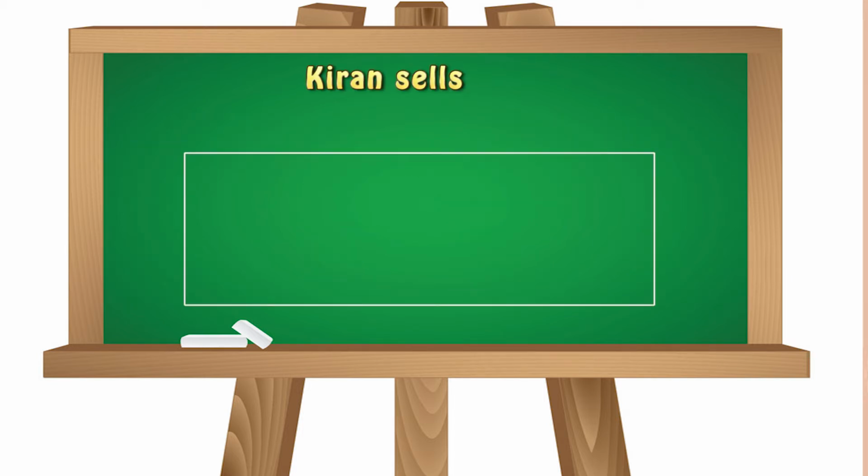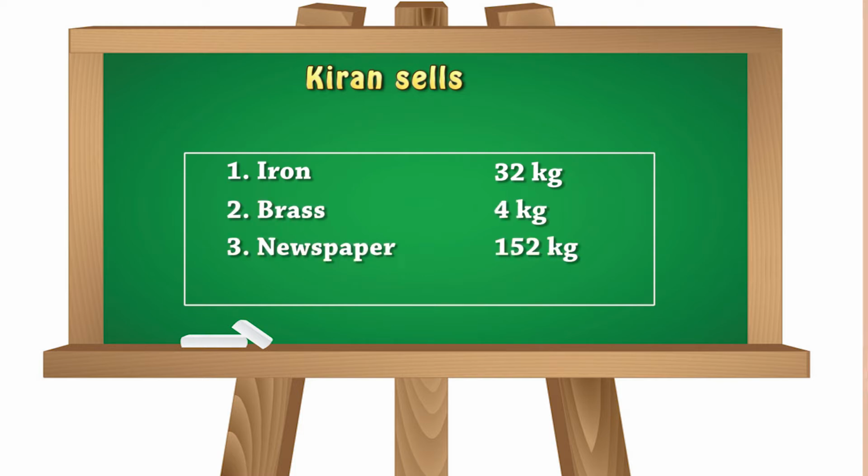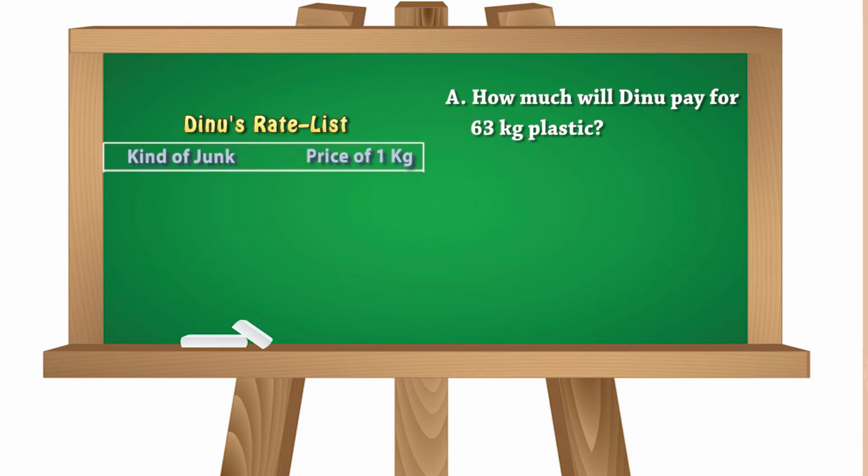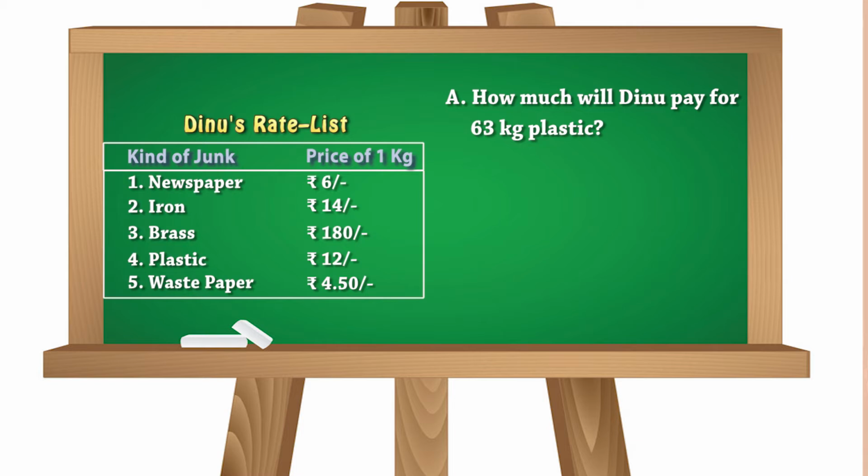For instance, she has 32 kg iron, 4 kg brass, 152 kg newspaper, 63 kg plastic, and she sells all of them at Dinu's shop. Now, how much will Dinu pay for 63 kg plastic? Observe the rate of Dinu's plastic per kg, it is rupees 12.